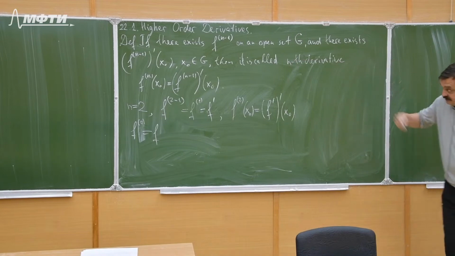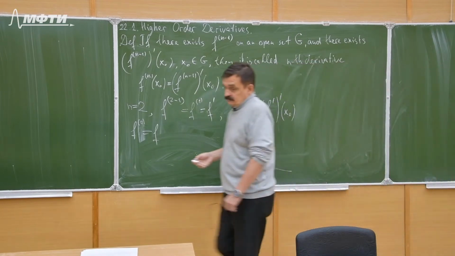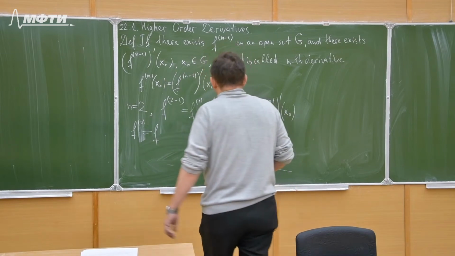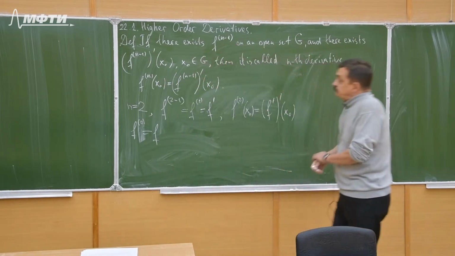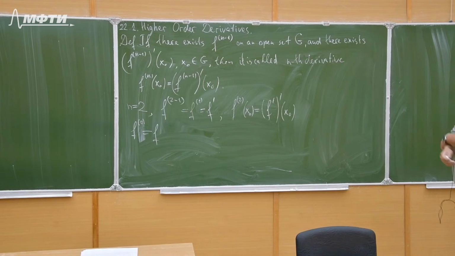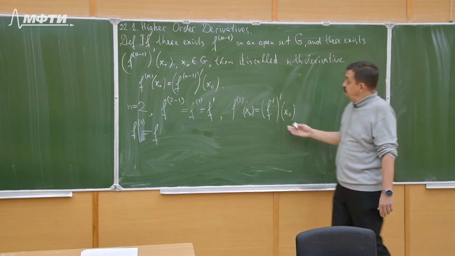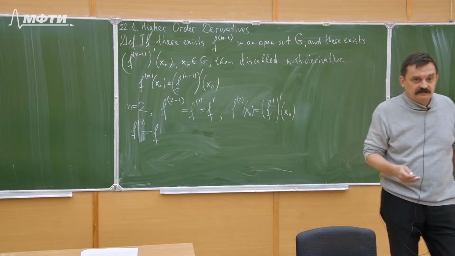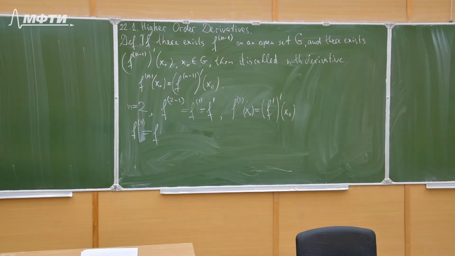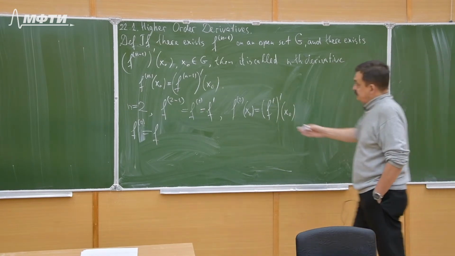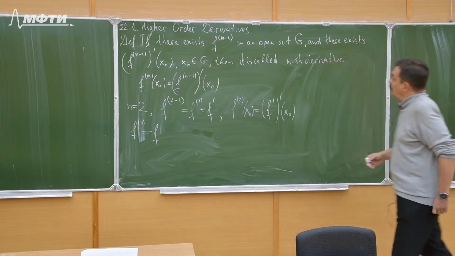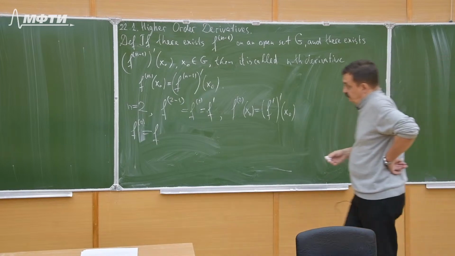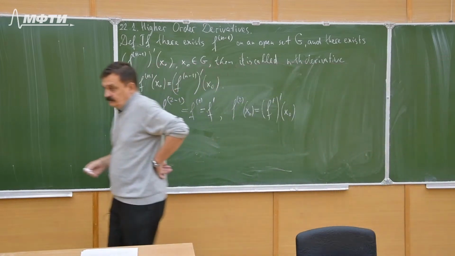So once the function is differentiable on an open set, we can discuss the derivative of the derivative, and the derivative of the derivative is called the second derivative. And we can continue further.